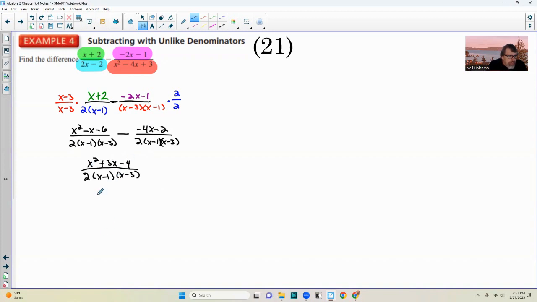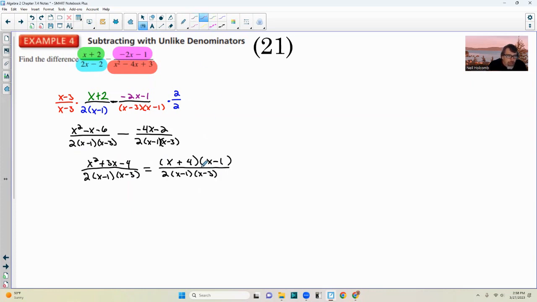But I can factor this. So now this x squared plus 3x minus 4 equals, and I can factor this. Factors of 4 that add up to 3 are again 3 and 1. I'm sorry, not 3 and 1, 4 and 1. Factors of 4 are 4 times 1 or 2 times 2, but I need a sum of 3. So it's going to be x plus 4 times x minus 1, all over 2 times x minus 1, times x minus 3.